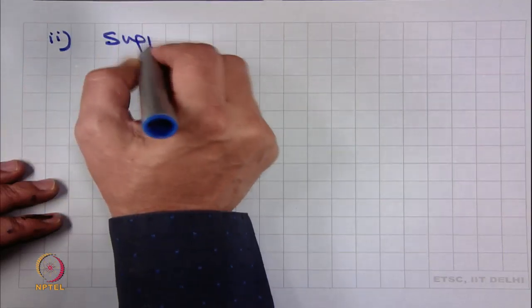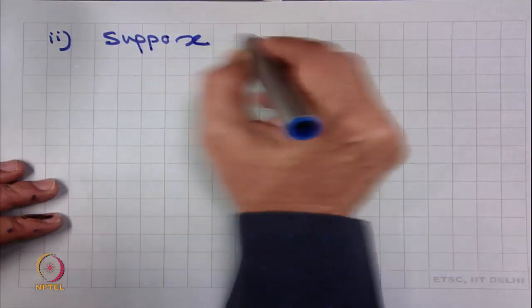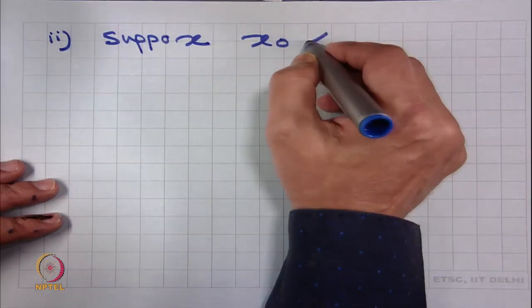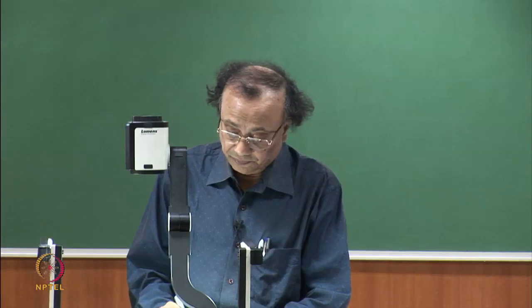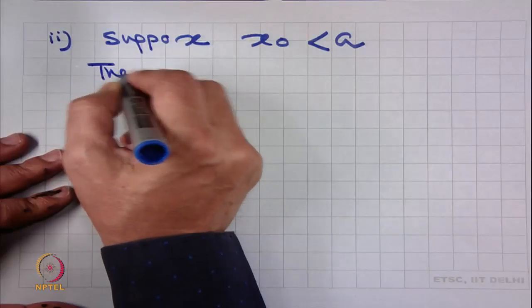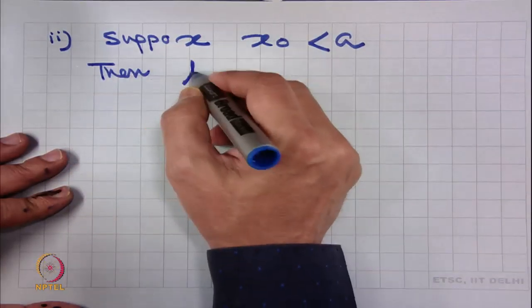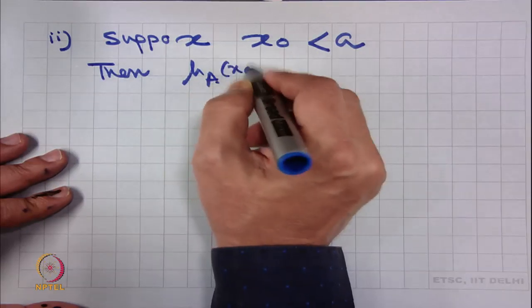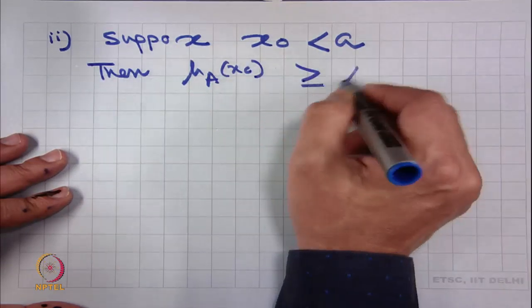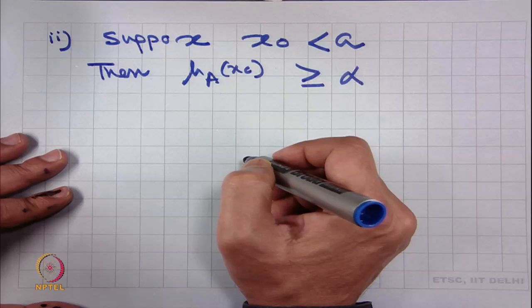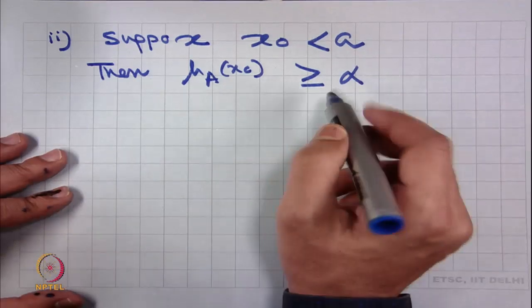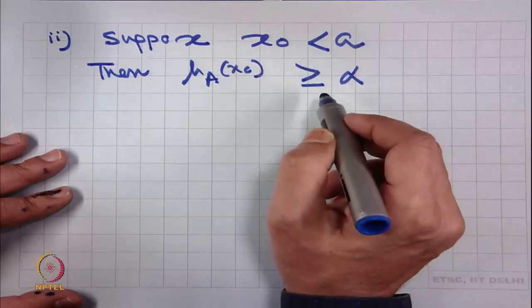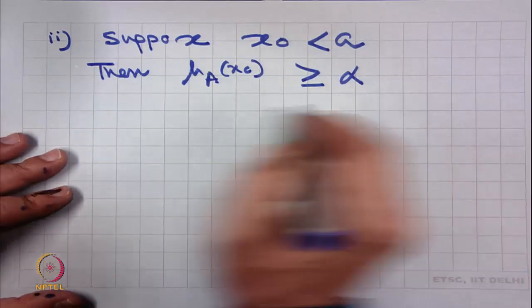Suppose x naught is less than A, then mu A of x naught is greater than or equal to alpha. We know, because we have chosen x naught from alpha cut.